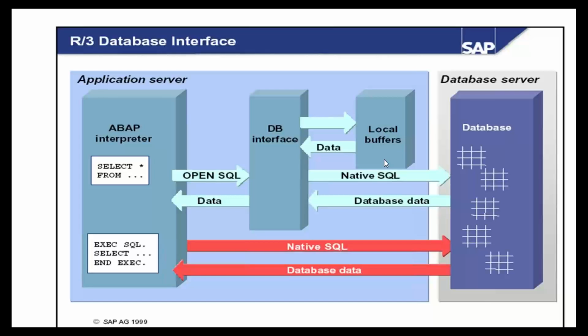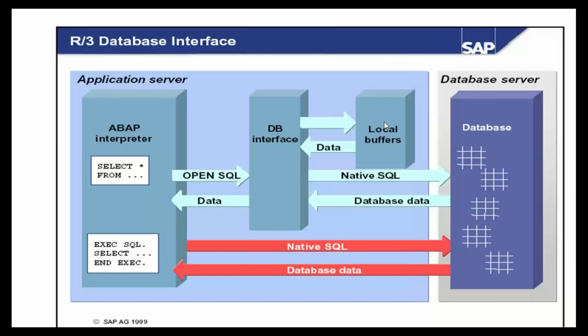Okay. So now, let's say you want to get some data from a database table. Remember, data will always be stored permanently in database tables. Now, this data will be accessed from our application layer through ABAP programs, and the data will be stored here temporarily and not be permanent. So how is the data stored in local buffers? It will be stored in internal tables.